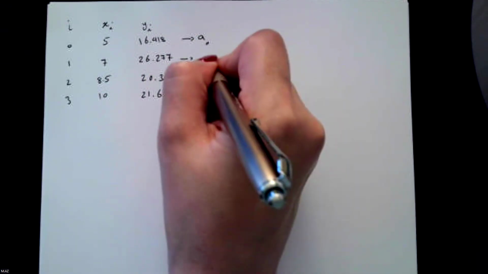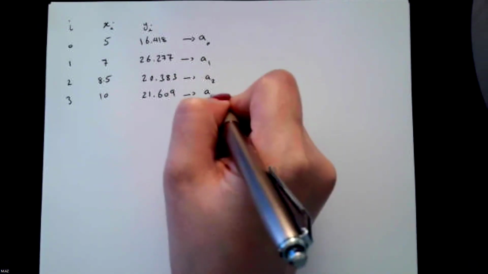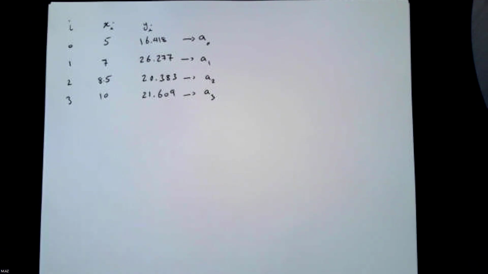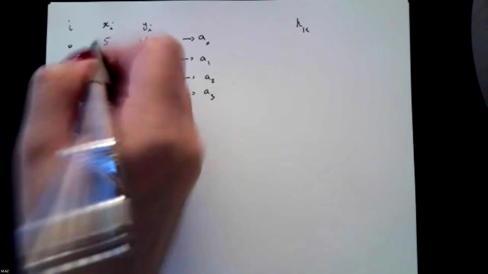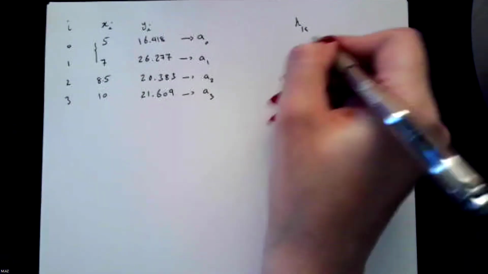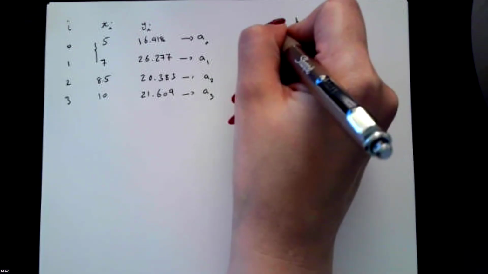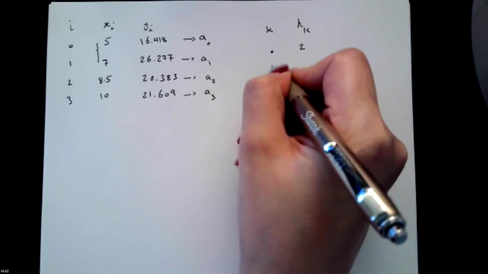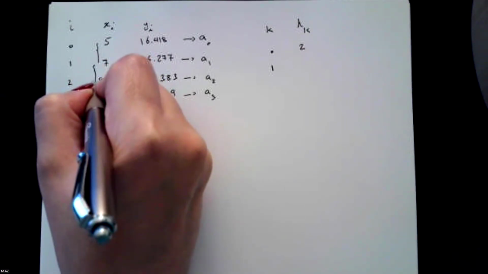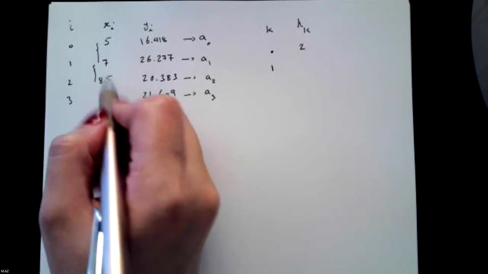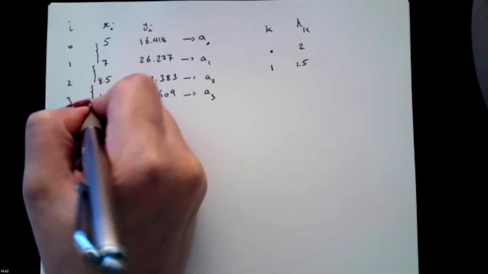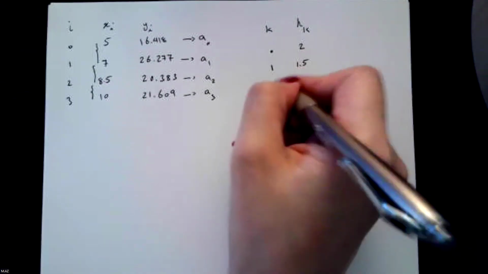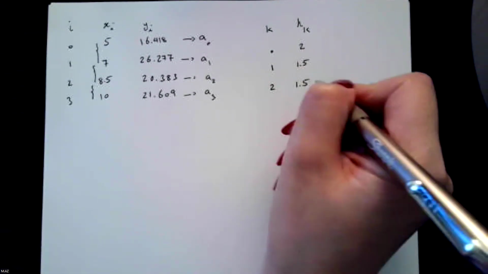This is a sub 0. The next one is h, or interval steps. The difference between these two steps is 2. The next one is the interval between 8.5 and 7, which is 1.5, and this third step is 1.5.